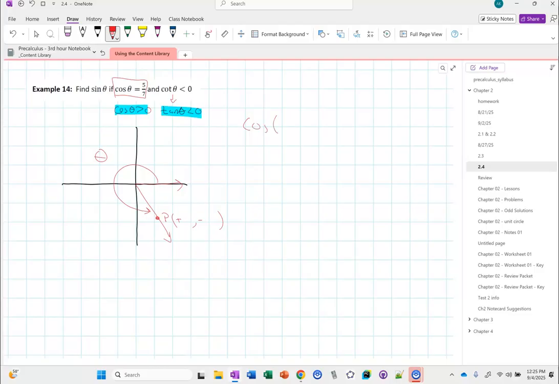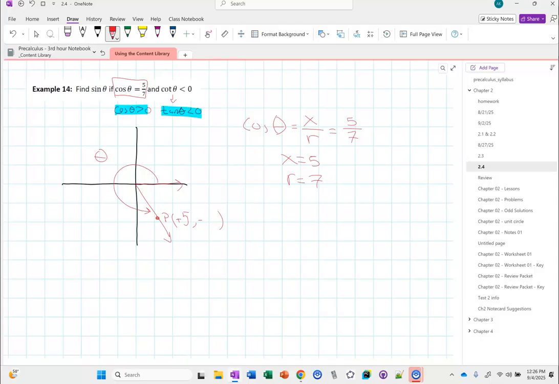Now, I remember that cosine theta is x over r. And if cosine theta is 5 over 7, well, x is just 5, and r is just 7, right? So I know the x-coordinate at P is 5. The y-coordinate, how am I going to find that? Pythagorean theorem.